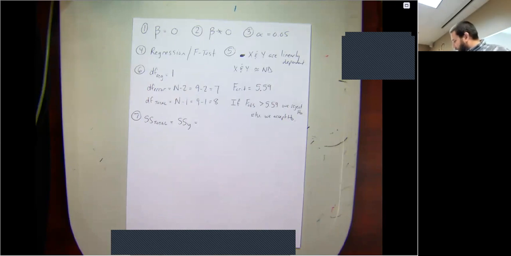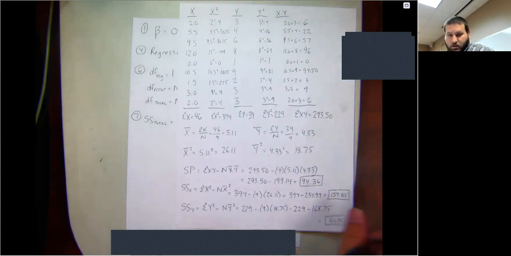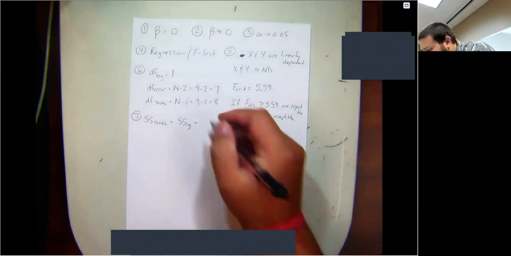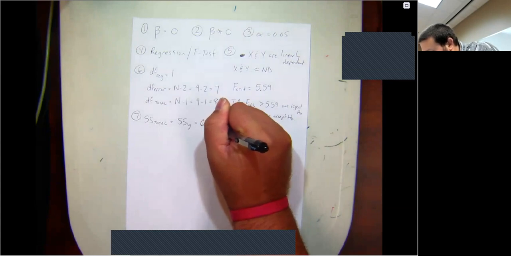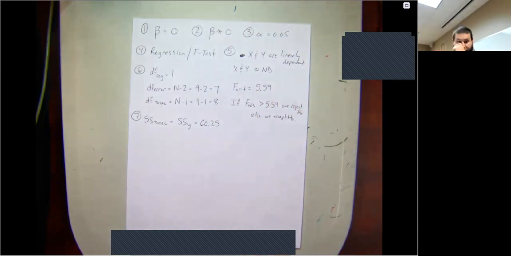So I'm going to just bring back the data to show you when we did SSY for this data set. We got SSY from the sum of y squared minus n times y bar squared, and it was 60.25 when we calculated. So we're going to take that 60.25, and that is our sums of squares total. So pretty easy so far.